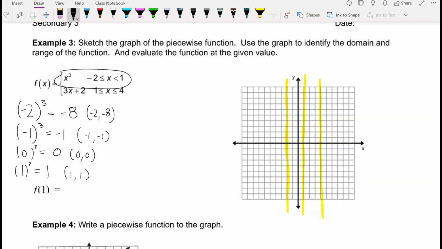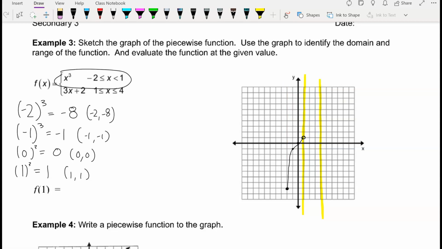So -2, -8, so down here, and it's going to be a closed circle here. And then -1, -1, 0, 0, and then 1, 1 is going to be an open circle. So we go up like that.